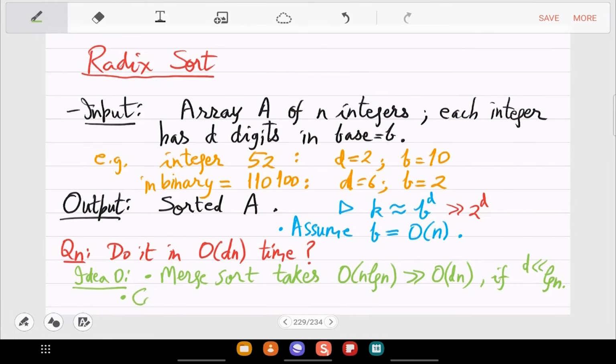And similar issues with counting sort. Counting sort is n plus k, which is much, much bigger than dn, because d is much, much smaller than k by n.